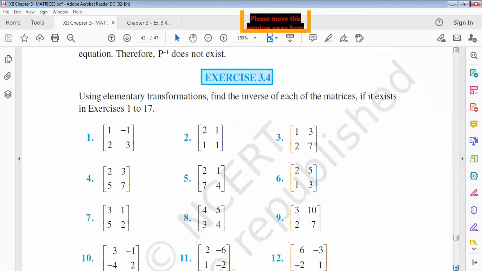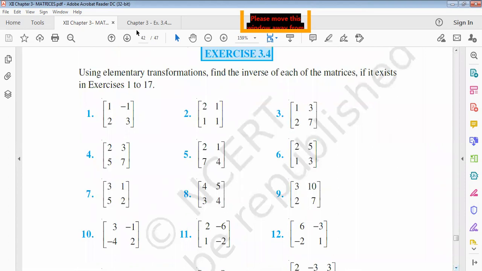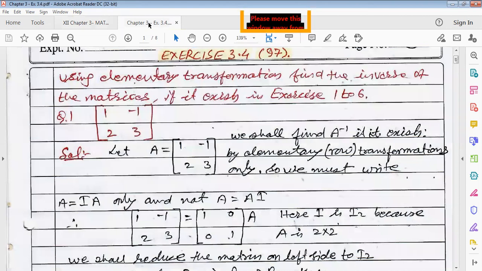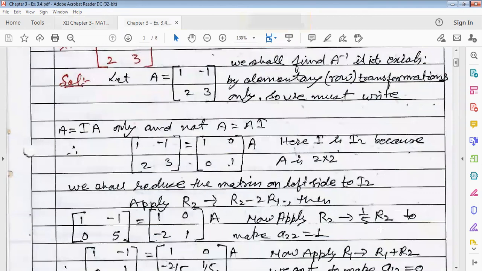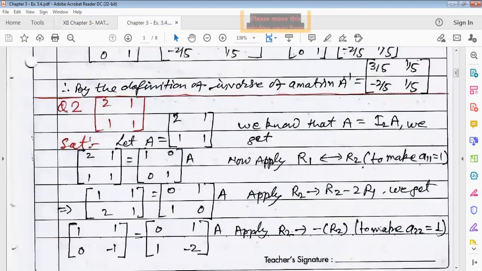Exercise 3.3, 3.4 is started here, and I'm sharing the PDF of this exercise on the website. You have to look at the solutions of these problems and try to understand how the problems are simplified here.